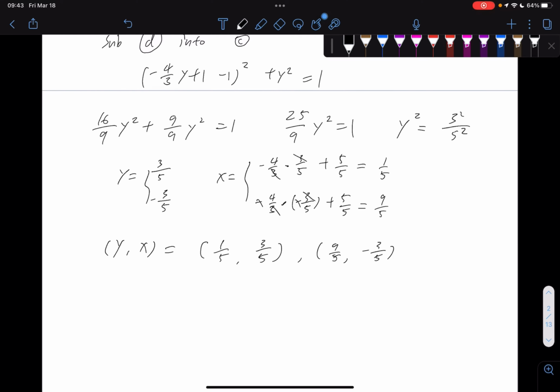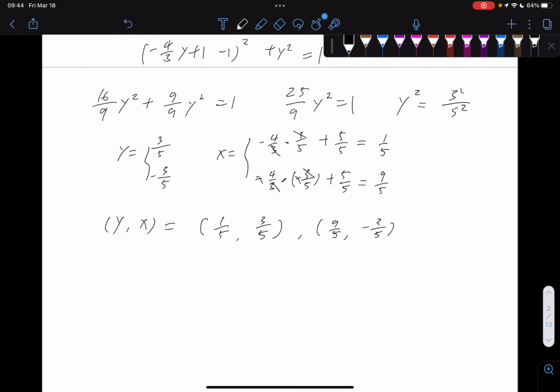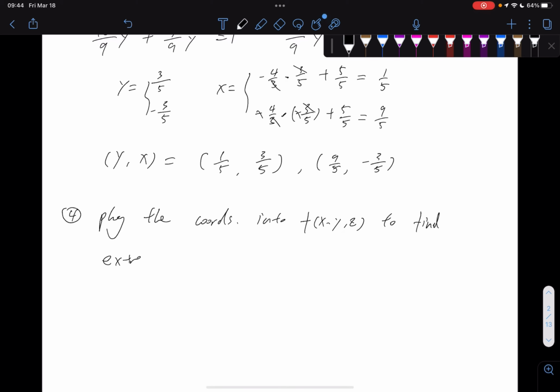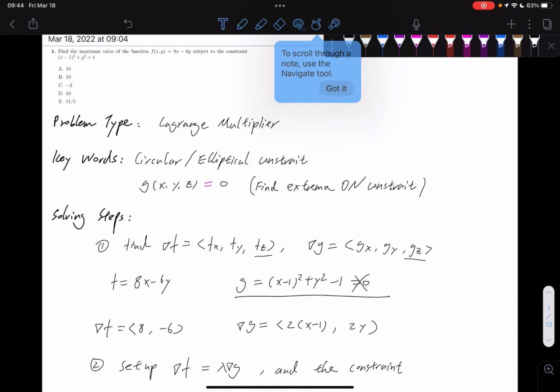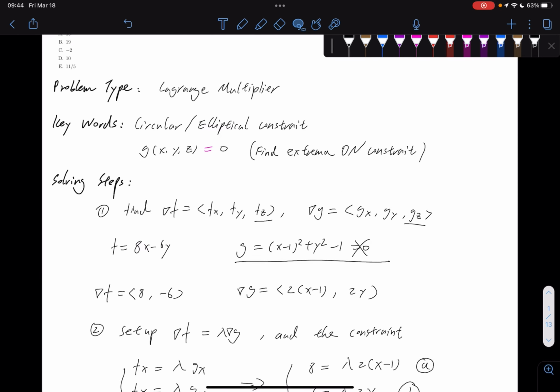All right, the final step is to plug the coordinates into your original function, your original function f, to find the extrema on the constraint. So let's go back to our original function. f equals 8x minus 6y.